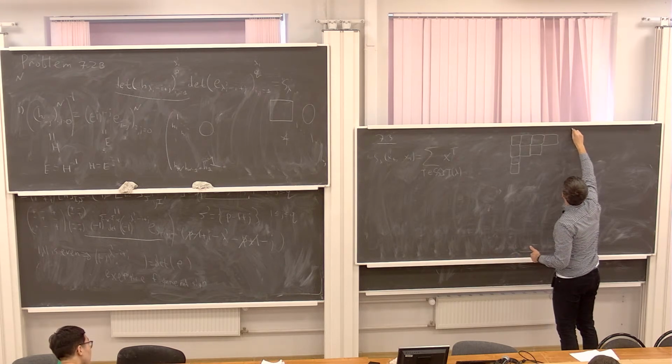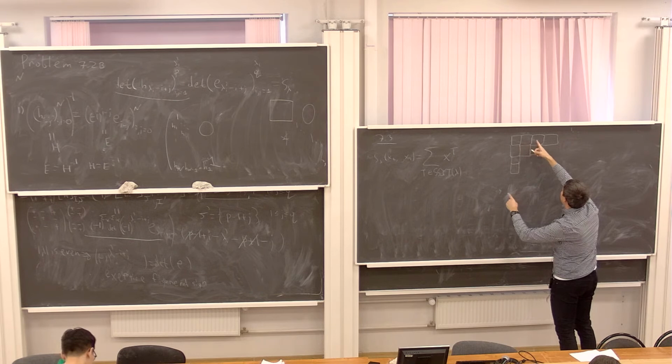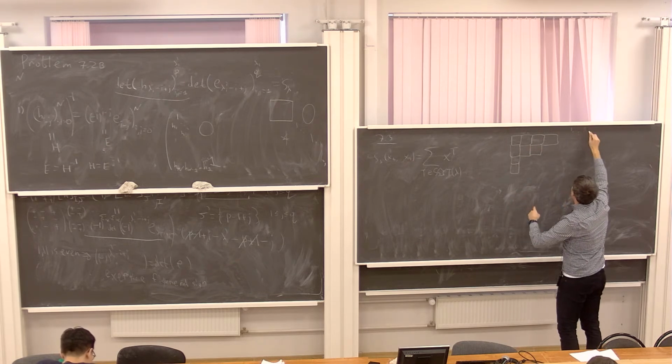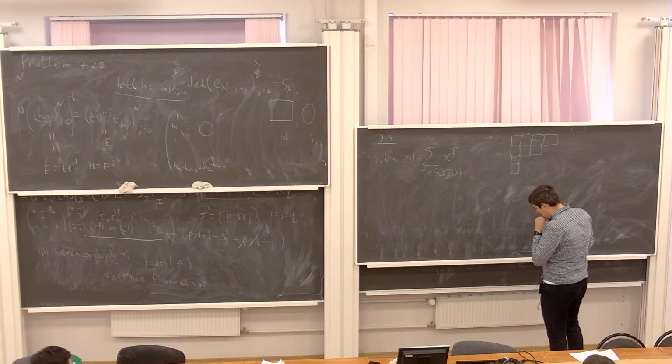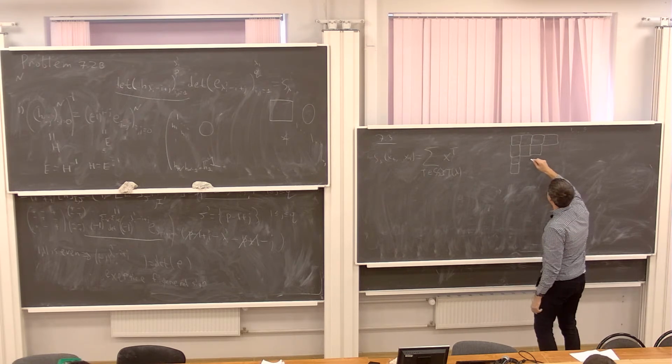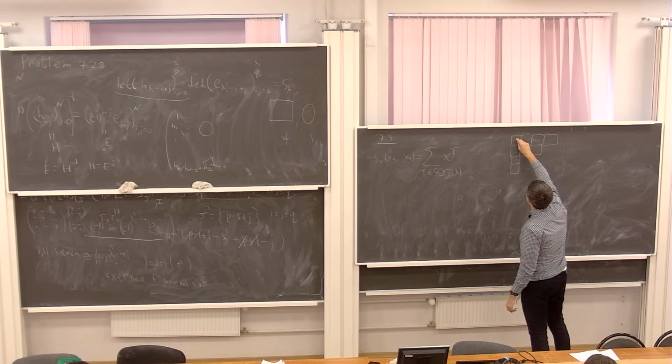You consider numbers from 1 to n, where n is the number of boxes, like 9, and fill your tableau in such a way that it is strictly increasing in columns and non-strictly increasing in rows.